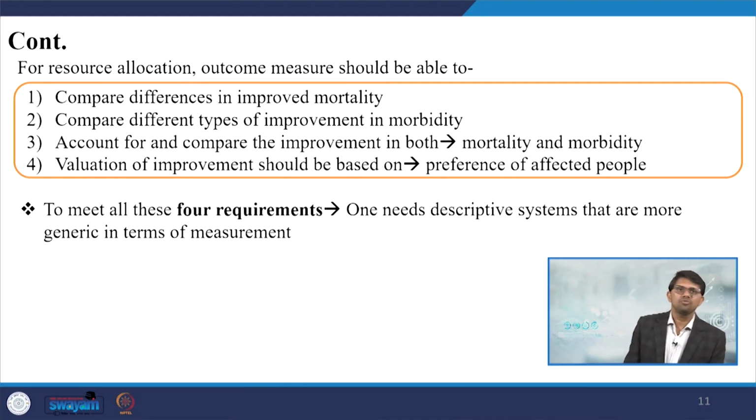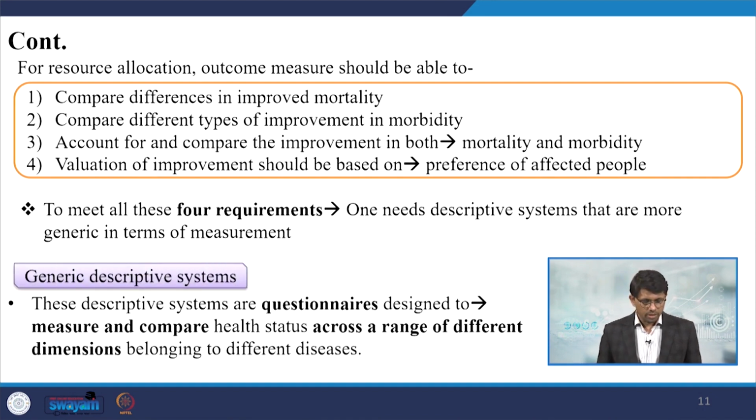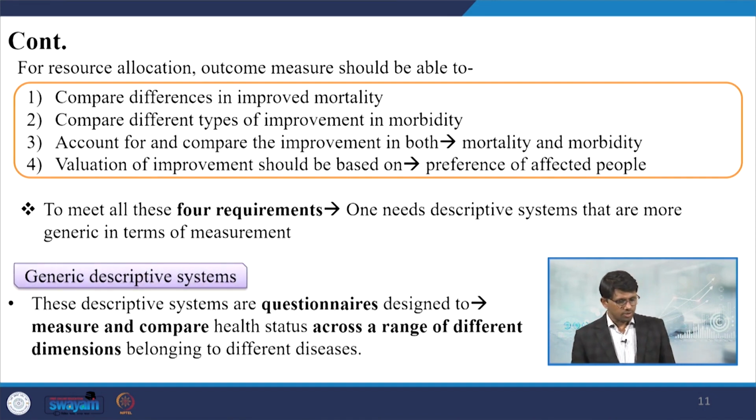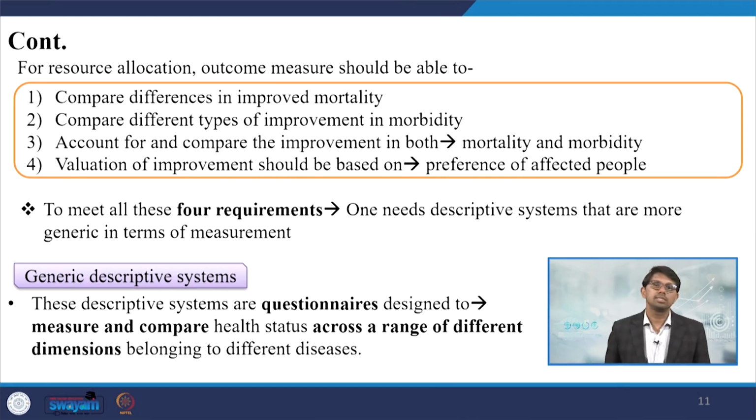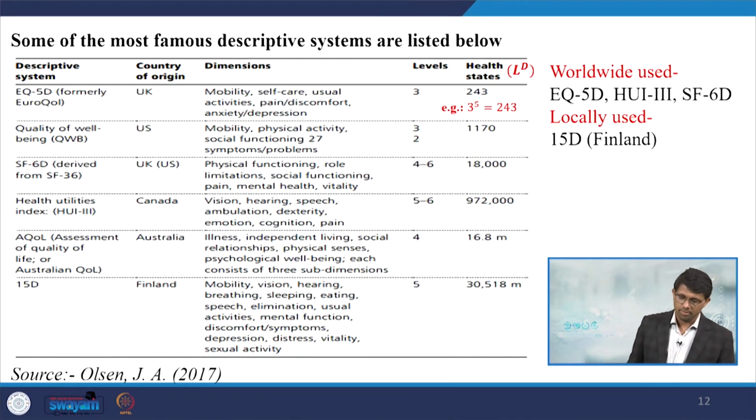To meet all these 4 requirements, one needs descriptive systems that are more generic in terms of measurement. So, the descriptive systems are largely questionnaires designed to measure and compare health status across a range of different dimensions belonging to different diseases, as I already mentioned.